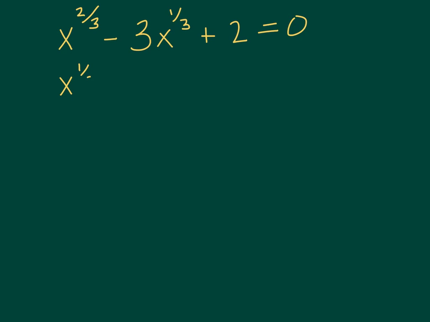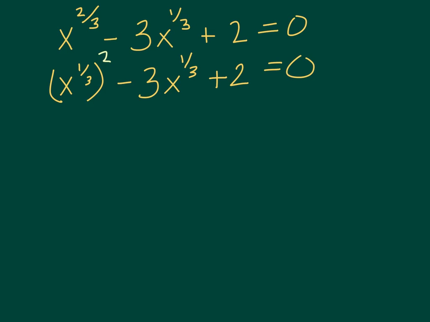For the last example, I'd like to take a look at x to the 2/3 minus 3x to the 1/3 plus 2 equals 0. And I'm going to rewrite this so that hopefully you can see what our substitution should be.